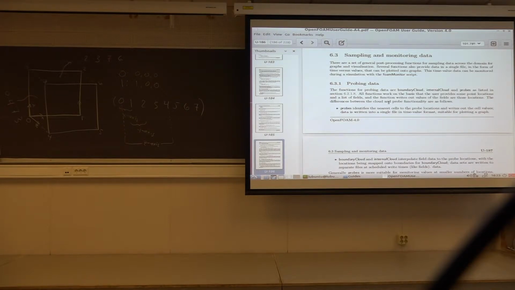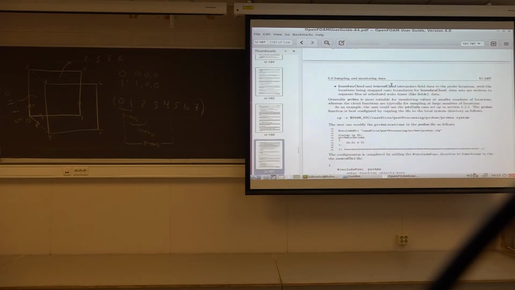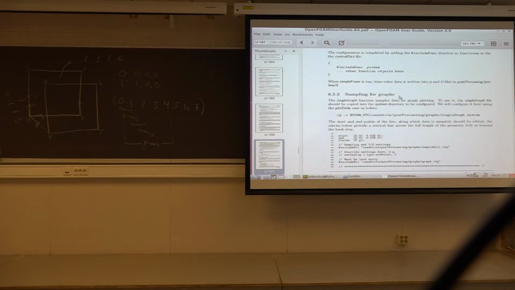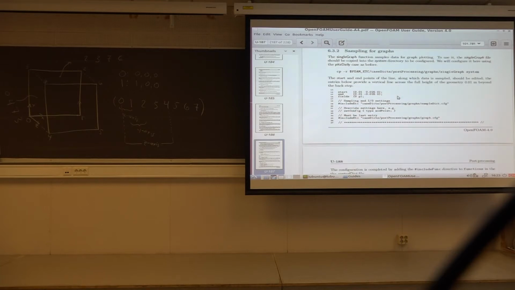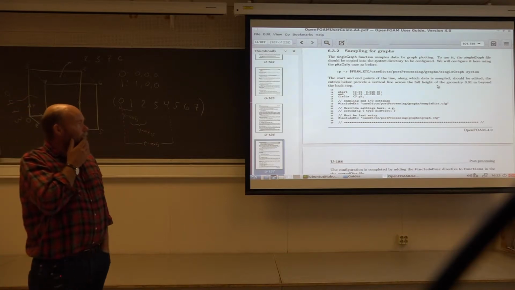Probing data, probes, not so interesting. Then you have certain monitor points where you want velocity, pressure. What I want is sampling for a graph. So we have something here called a single graph, and that is something I want to use.